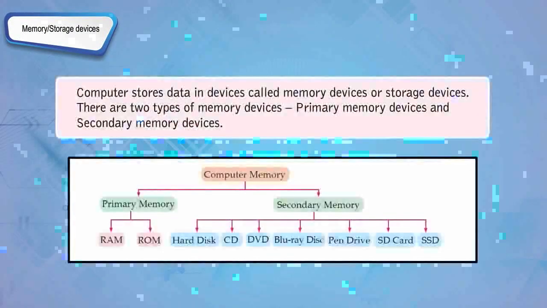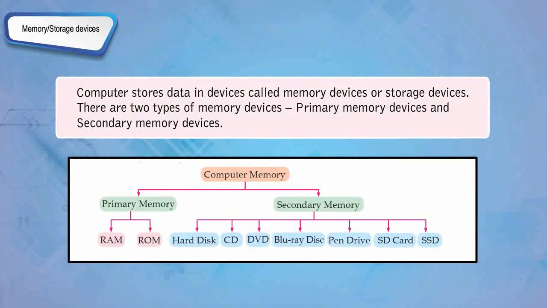Memory storage devices. Computer stores data in devices called memory devices or storage devices. There are two types of memory devices: primary memory devices and secondary memory devices. Computer memory. Primary memory: RAM, ROM.